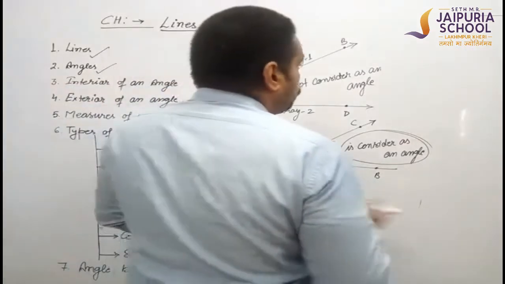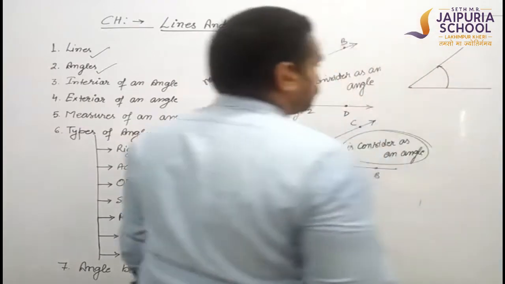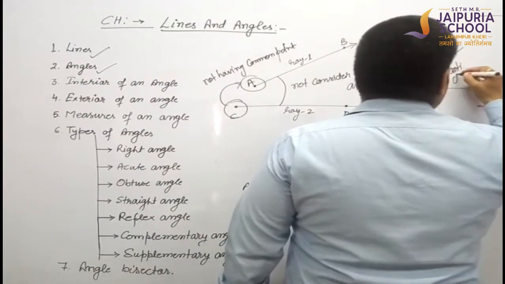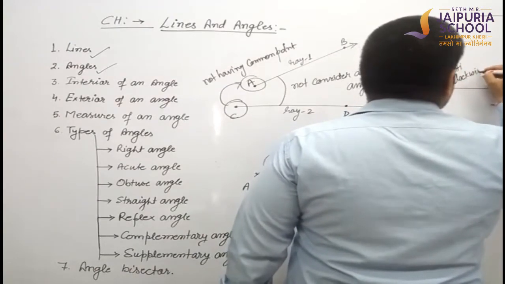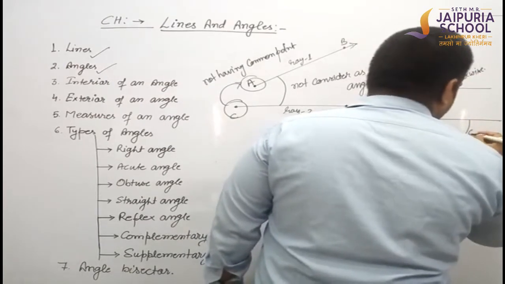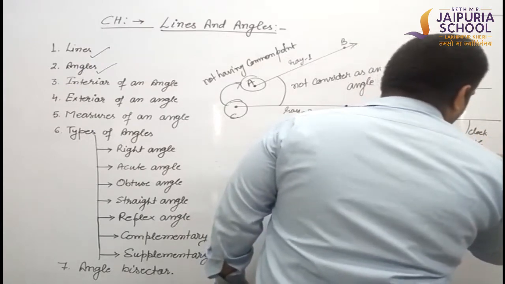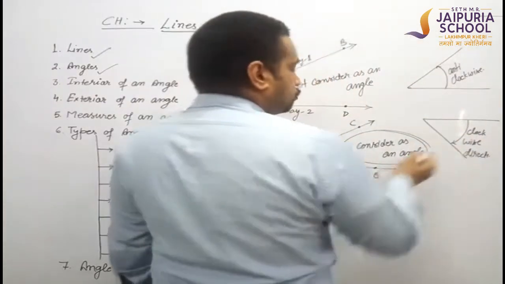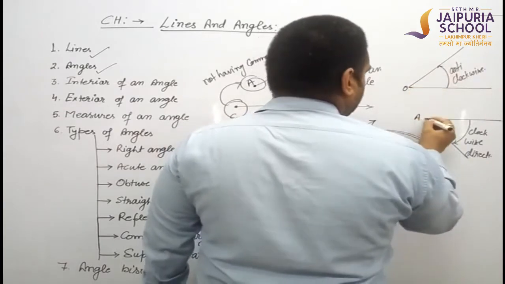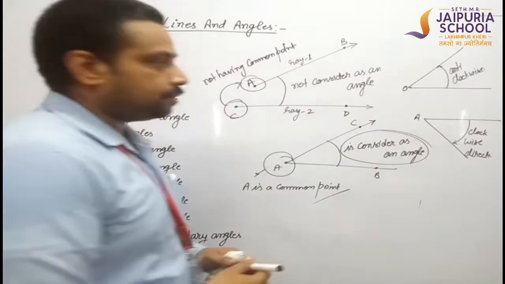So when you take an angle in the anti-clockwise direction, this is the anti-clockwise direction and this is the clockwise direction. So this is also an angle, this is also an angle. I think the angle is clear to you and this is called the measure.